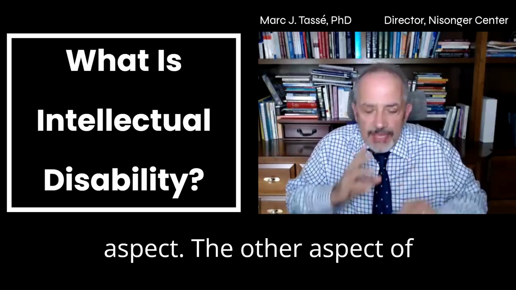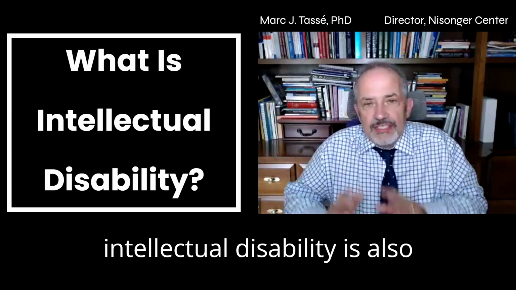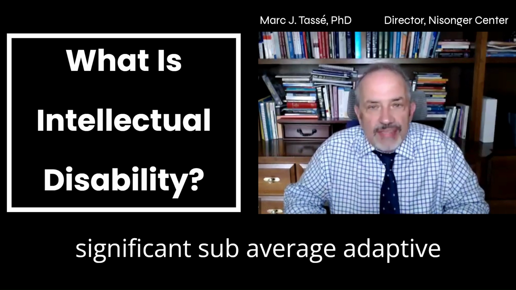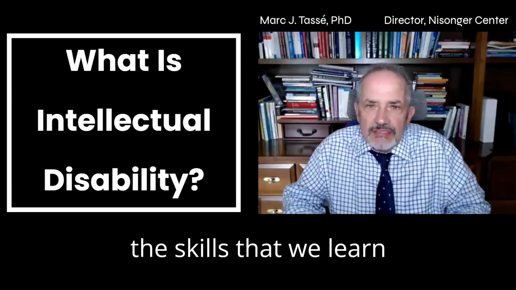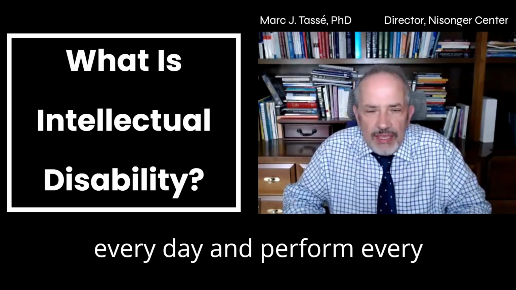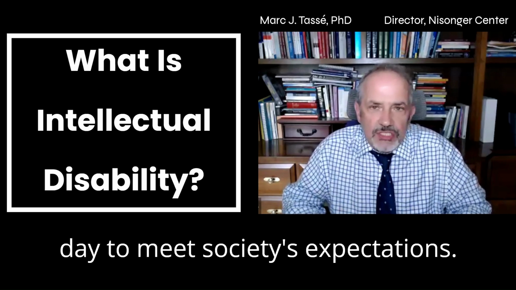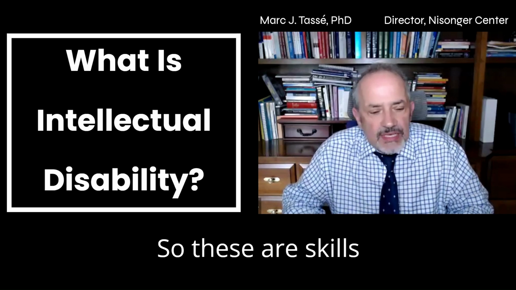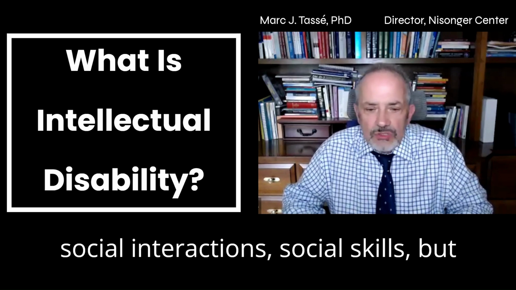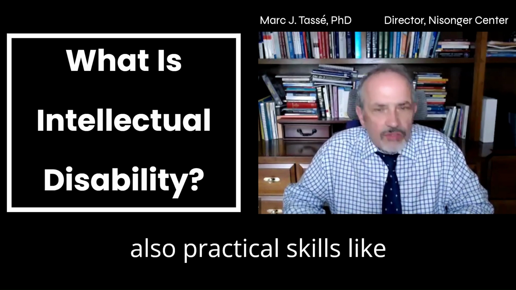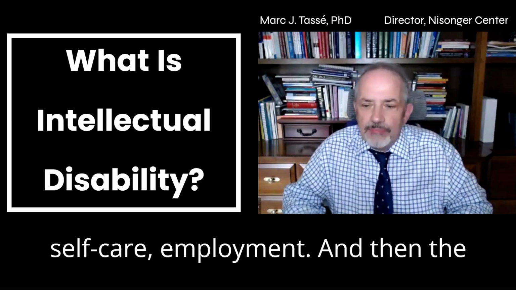So that's one aspect. The other aspect of intellectual disability is also significant sub-average adaptive behavior. And adaptive behavior are the skills that we learn every day and perform every day to meet society's expectations. So these are skills that relate to social interactions, social skills, but also practical skills like independent living, self-care, employment.